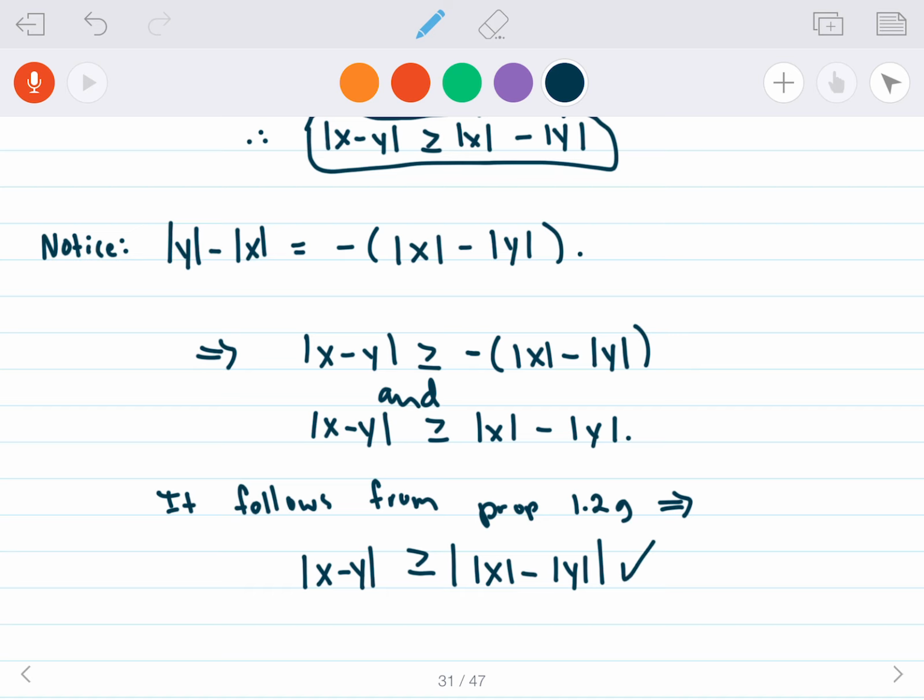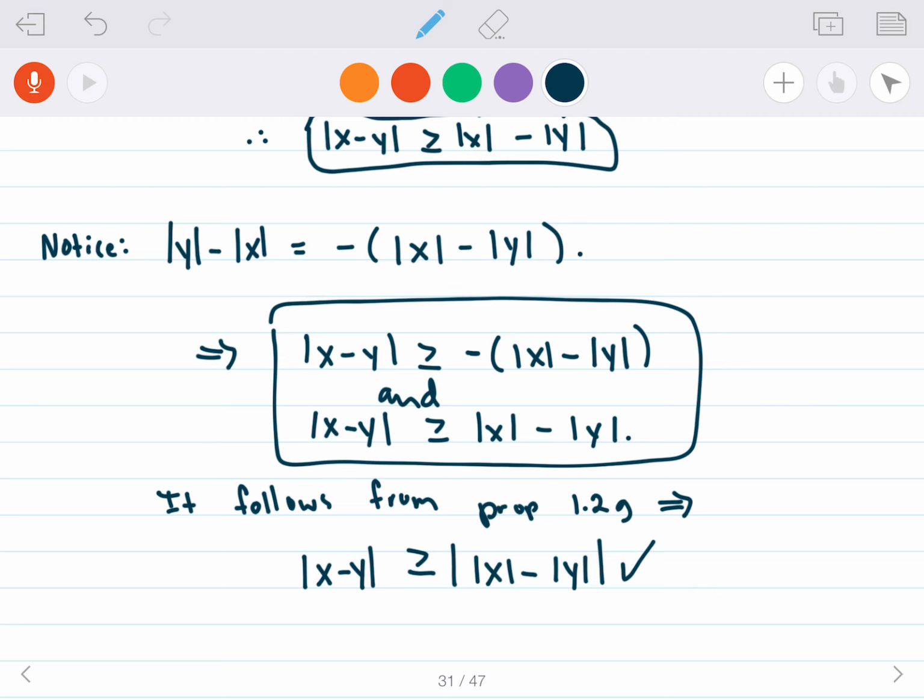And we're done. Okay, so these two statements right here by proposition 1.2g imply what we wanted, our reverse triangle inequality.